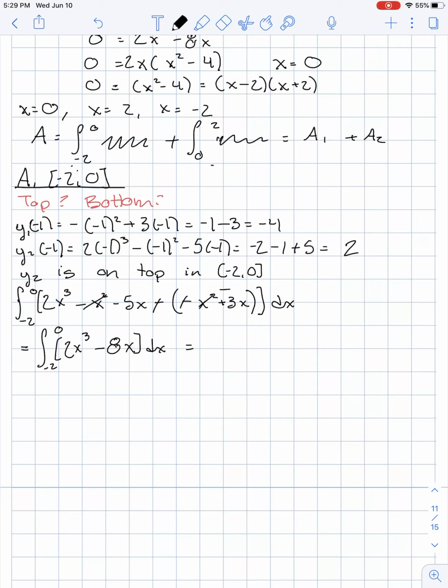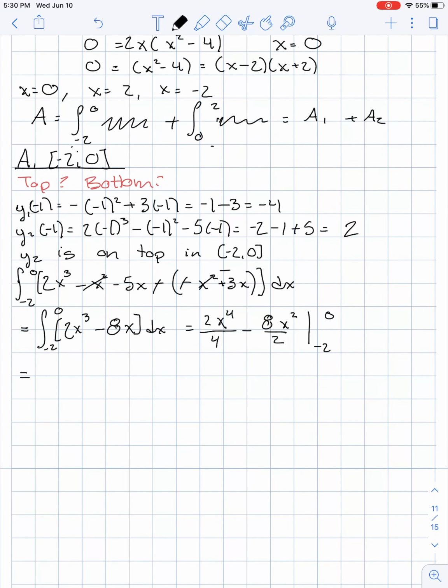Not too bad. dx. All right. So then we'll take the antiderivative. I get x to the 4th, keep my 2, and then I'm going to divide by 4, minus 8x squared divided by 2, from negative 2 to 0.